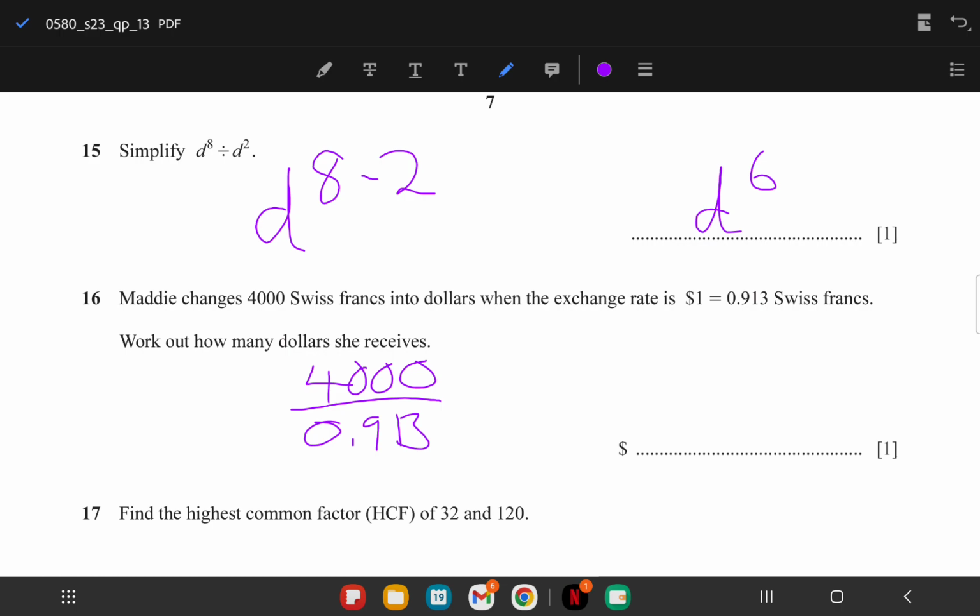I cannot work that out here. Okay, so I end up with 438.16. I rounded it off.